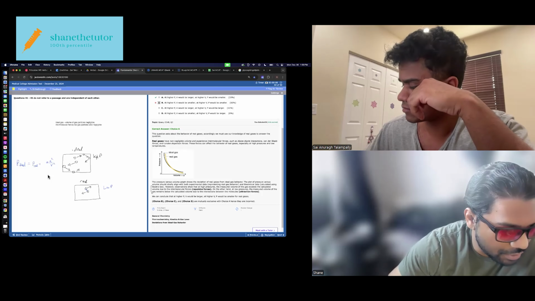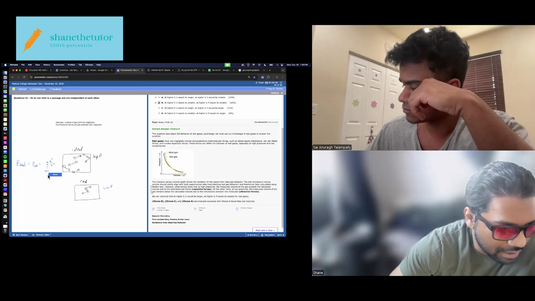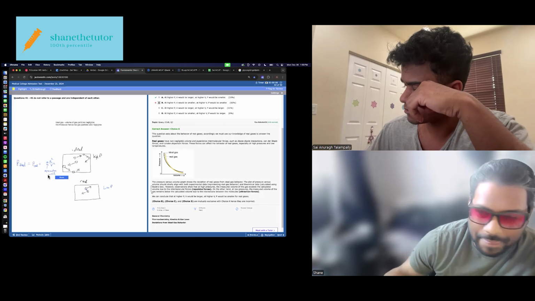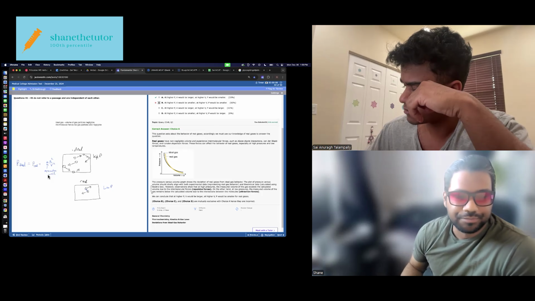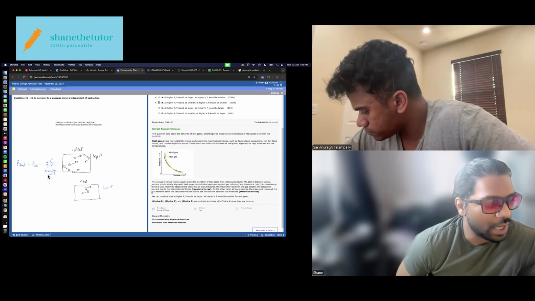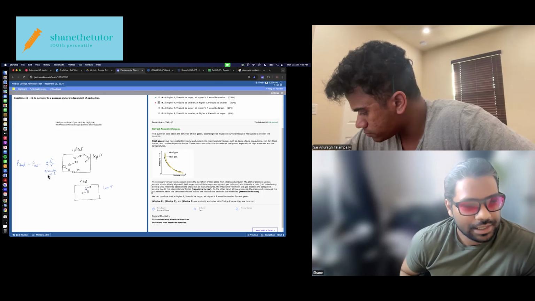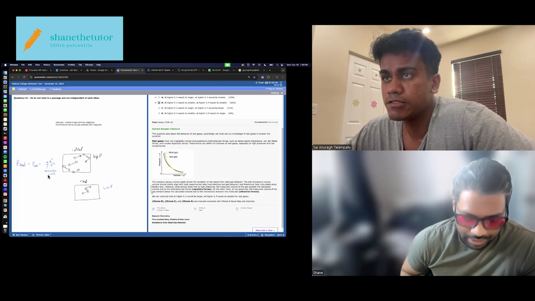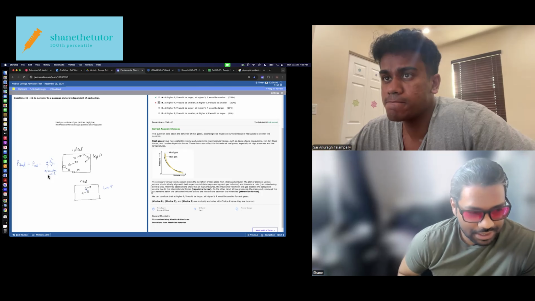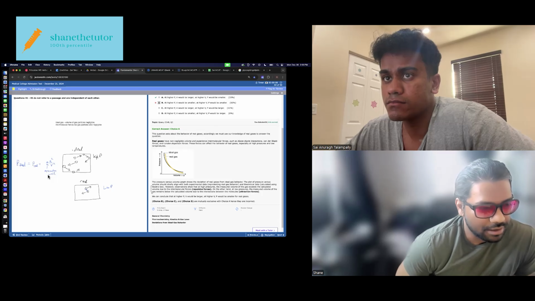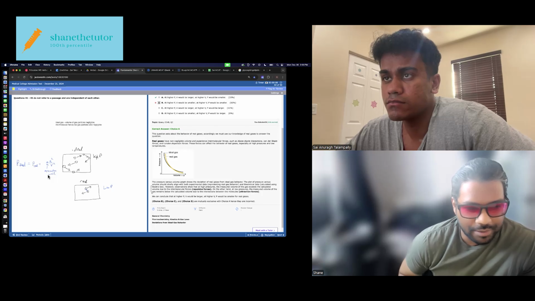This A term is something called an attraction coefficient, meaning that this attraction coefficient can be added to the pressure of a real gas to give you ultimately your ideal gas. But we do see that the ideal gas pressure is greater than that of a real gas.